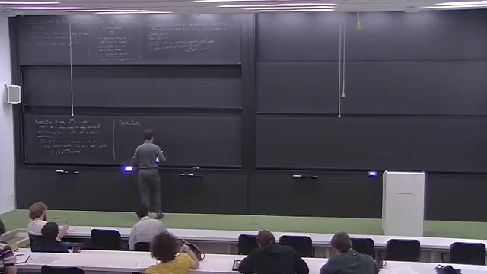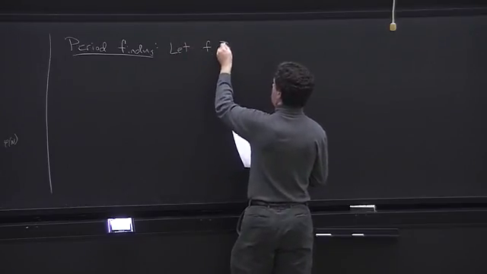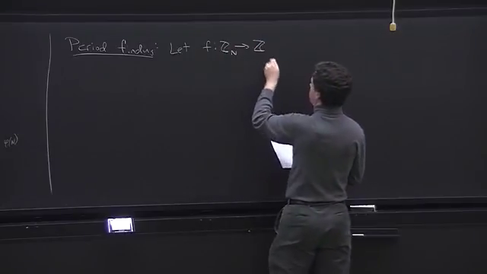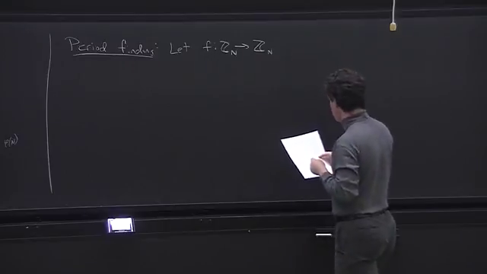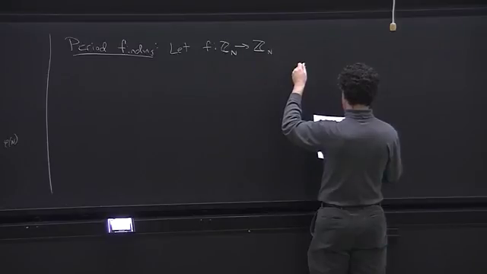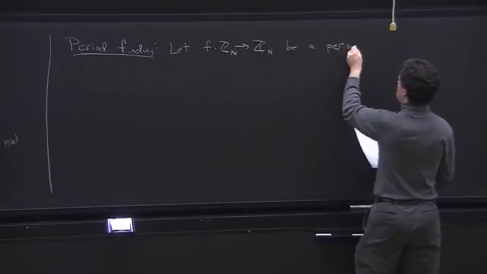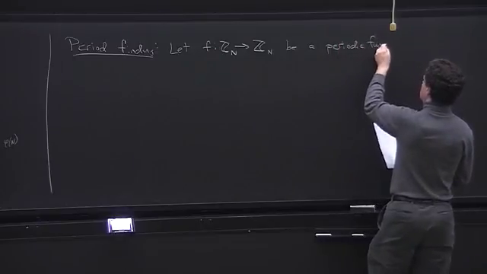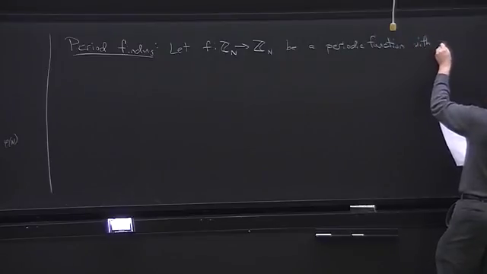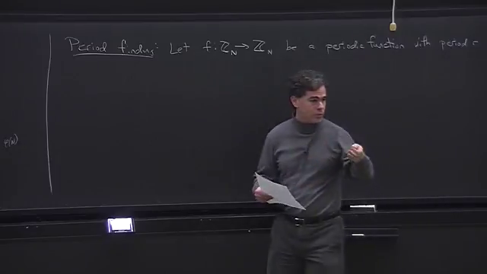So we're given some function that maps the integers mod n to themselves. This is going to be a periodic function with period r. And I'll assume that f doesn't repeat other than that.